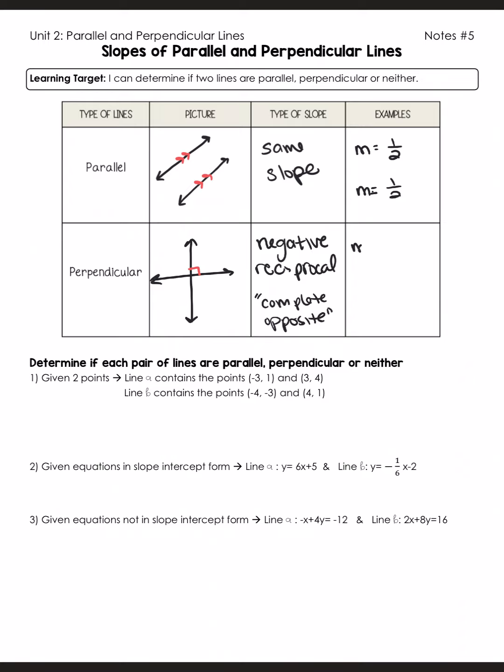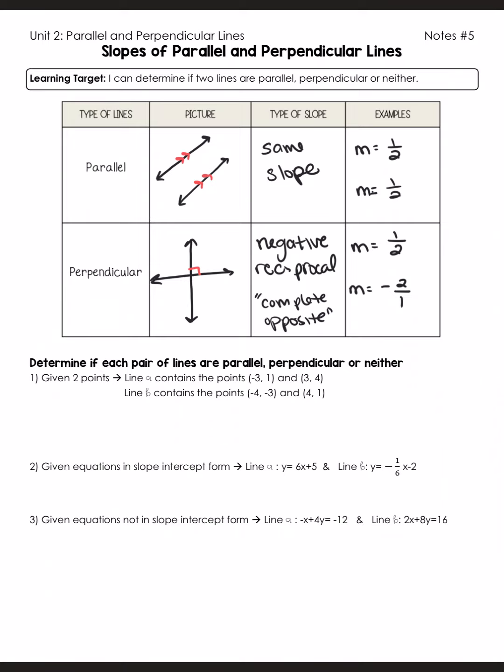So if the slope of one of my lines was positive 1/2, the negative reciprocal means we have the opposite sign. My first slope was positive, so this one would be negative, and I have the reciprocal fraction. So instead of 1 over 2, now my fraction is 2 over 1.